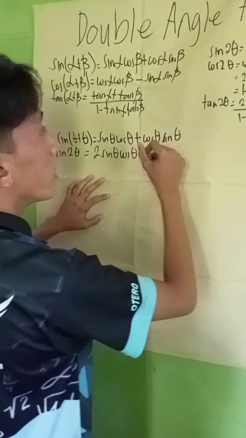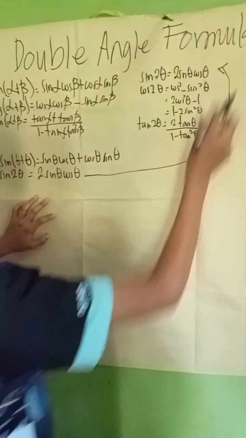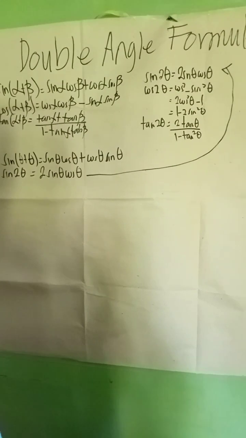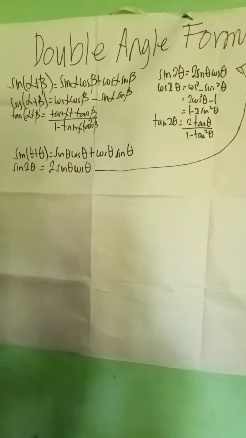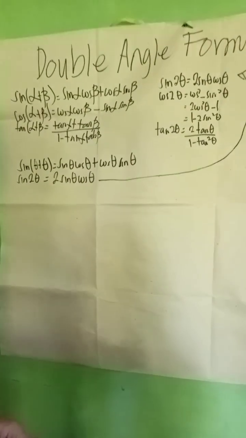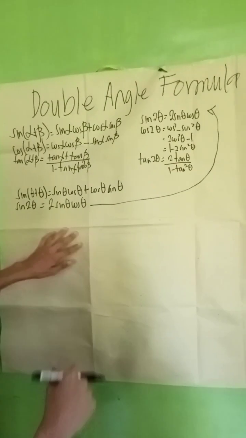So we will have the first formula of the double angle formula. Now, for this one, we're going to use cos of alpha plus beta. Same process, we're going to replace the alpha and beta with theta.